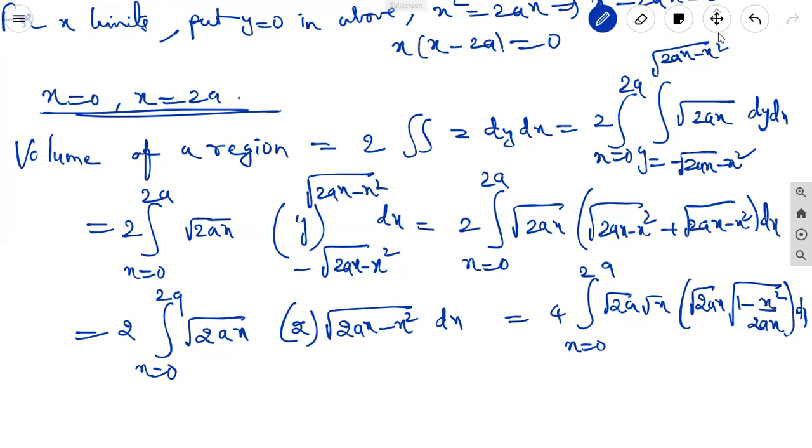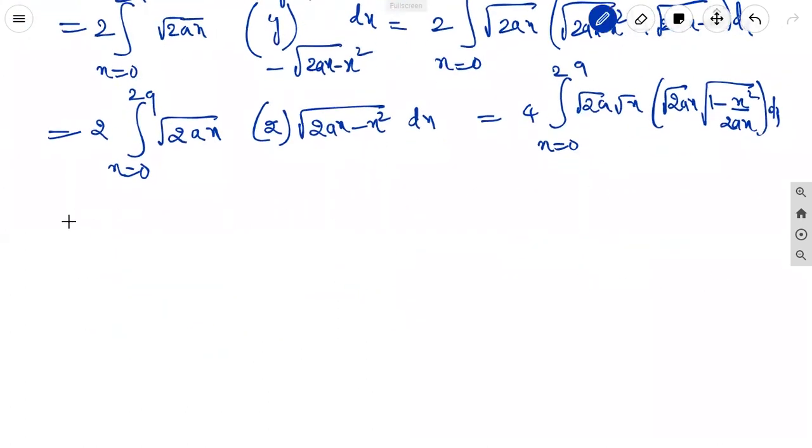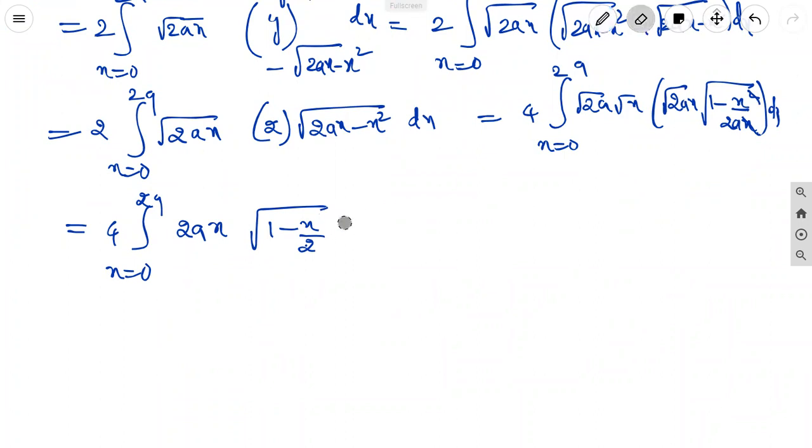Here root 2ax into root 2ax, that is equal to 4 integral x equal to 0 to 2a. Root x into root x is x. Root 2a into root 2a is 2a, under root of 1 minus x square by, means 1 x cancel, that is equal to x by 2a into dx.